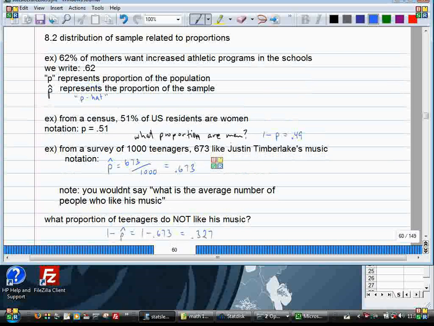So note that you can either be given a proportion, as in the U.S. residents who are women, P equals 0.51, or you may have to figure out what the proportion is, 673 out of 1,000. You dig?